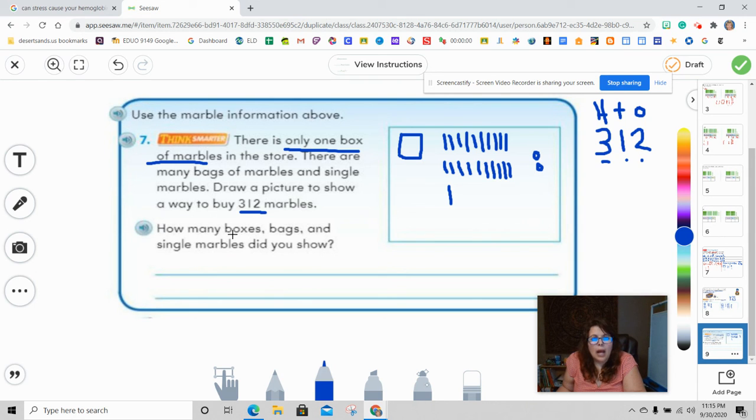So it says, how many boxes, how many bags, and how many single marbles did you show? Okay, so I have 1 box. And I'm going to put 100. And then I have 1, 2, 3, 4, 5, 6, 7, 8, 9, 10, 11, 12, 13, 14, 15, 16, 17, 18, 19, 20, 21. I have 21 bags.